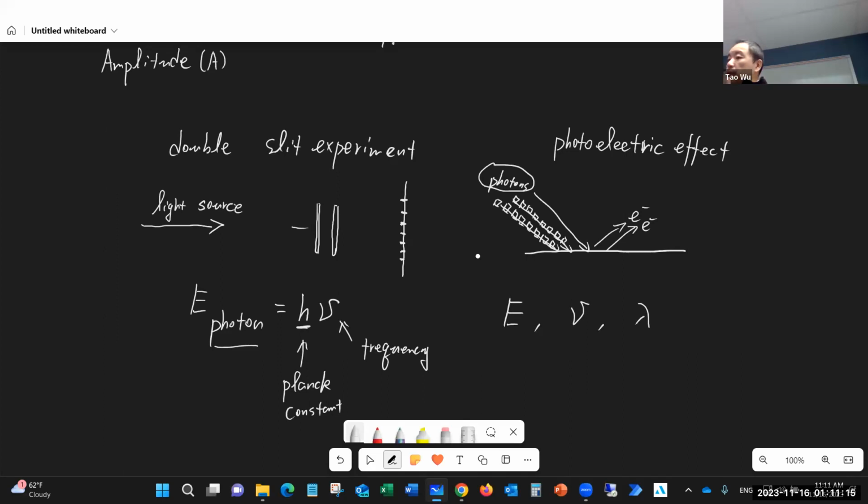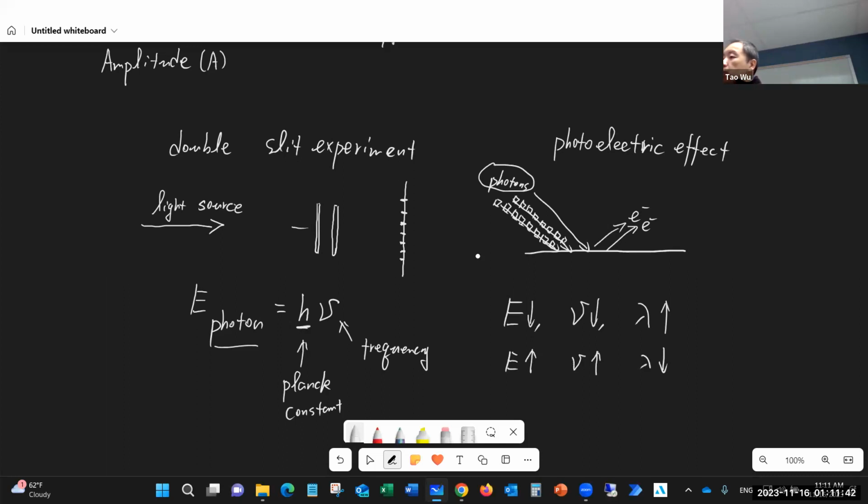Those three are related to each other, right? If you have a higher wavelength, then you have a lower frequency, and meanwhile a lower photon energy. That makes sense, right? But if you have a lower wavelength, it gives you a higher frequency, and then a higher energy.